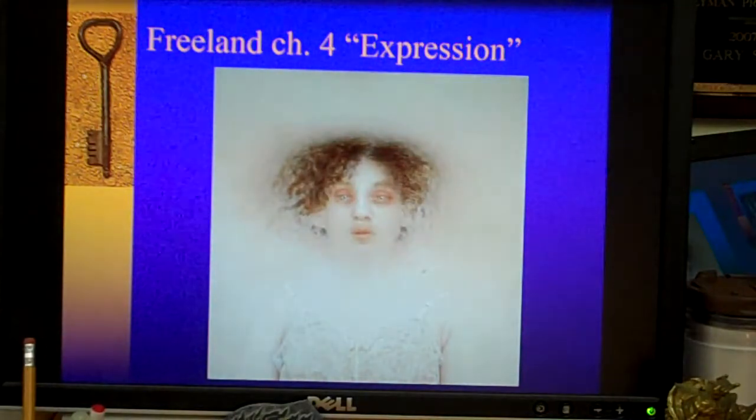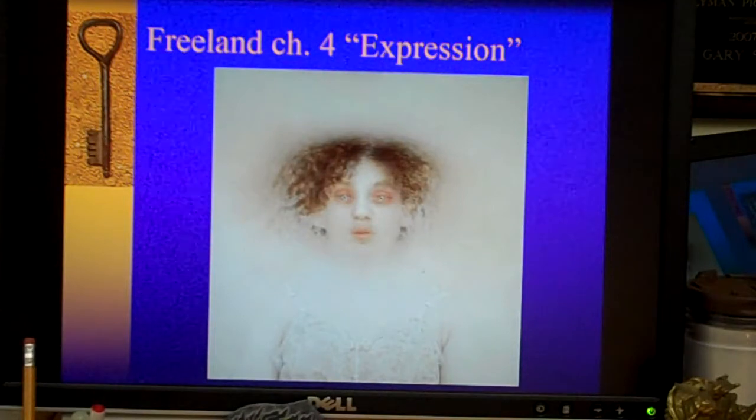When you get to chapter 4, this is her chapter on expression. And this is a really interesting chapter. It talks a lot about the eyes and the eyebrows and all the people who've talked about how one expresses individuality. I love this. This is a self-portrait by Anne Harris, which is called Self-Portrait with Jane's Eyes.